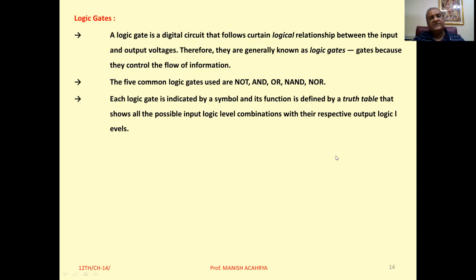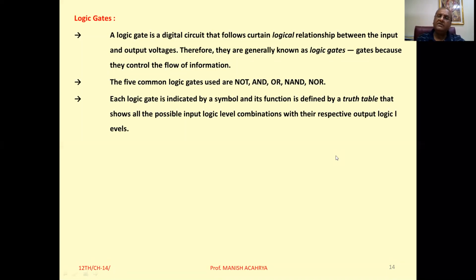Logic gates. A logic gate is nothing but a digital circuit which follows certain logical relationships. And these logic gates have one or more than one input, but only one output.